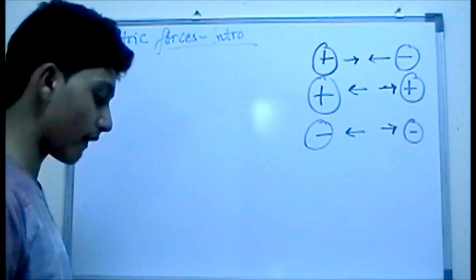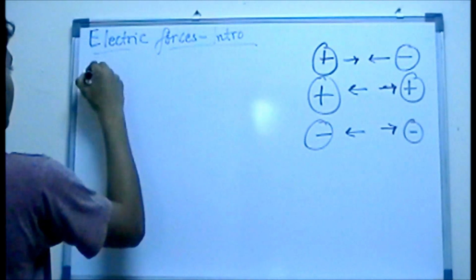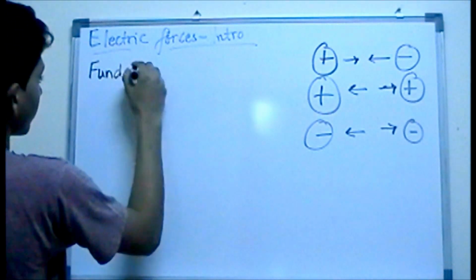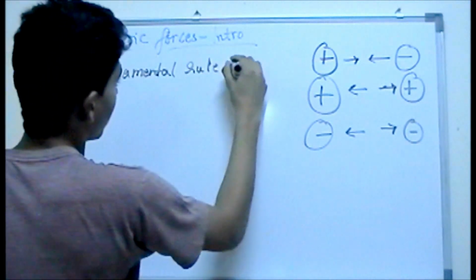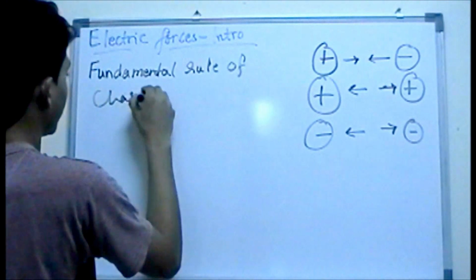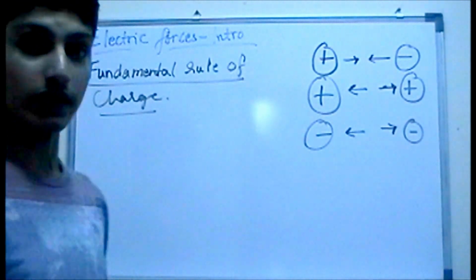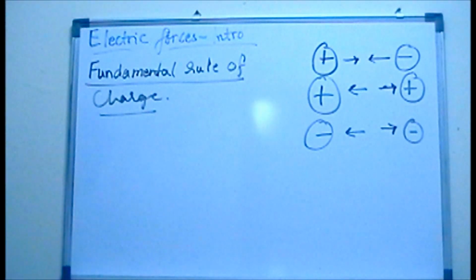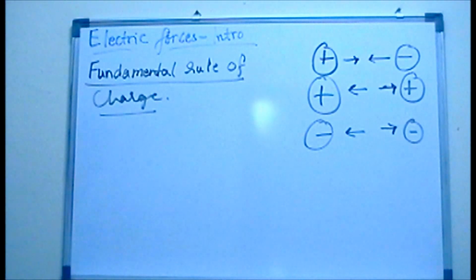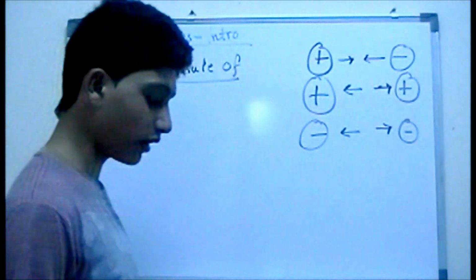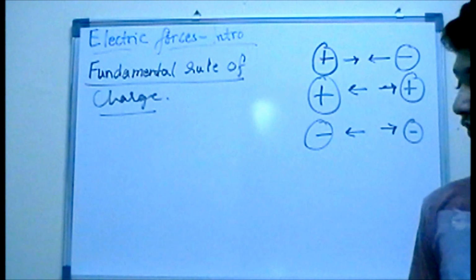Now we'll be talking about the fundamental rule of charges, and it's something very basic if you've played around with magnets. The fundamental rule of charges states that like charges repel one another, and unlike charges attract one another.